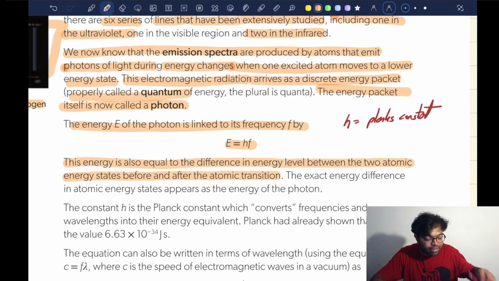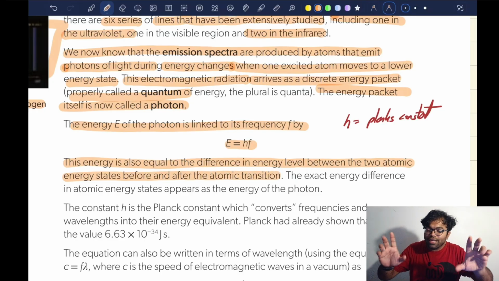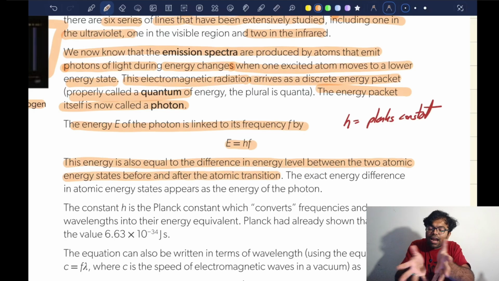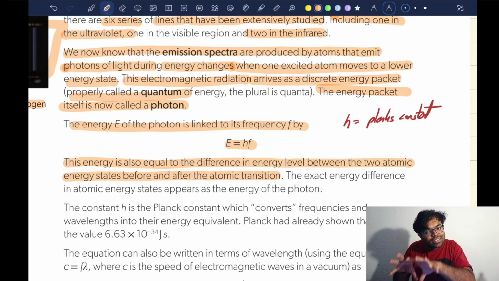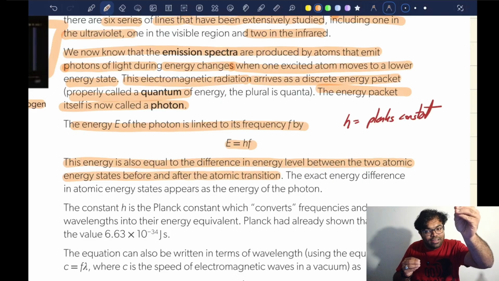before and after the atomic transition. So we know that there are energy levels around the nucleus of an atom in which these electrons lie. If an electron wants to lie in a certain energy level, it has to maintain that energy. Now we know that the electron has moved from a lower energy state to a higher energy state. Am I right?